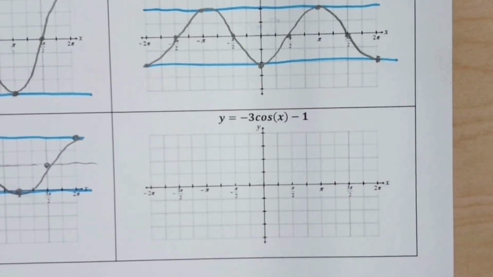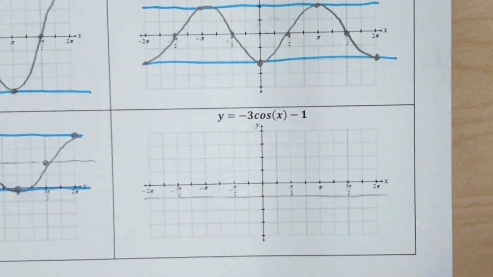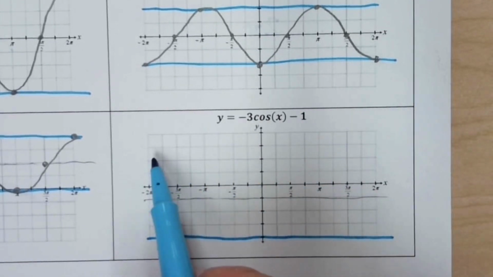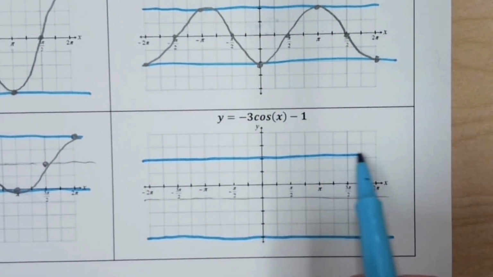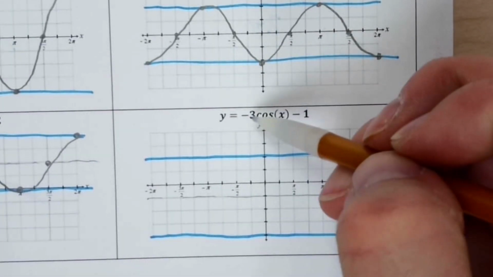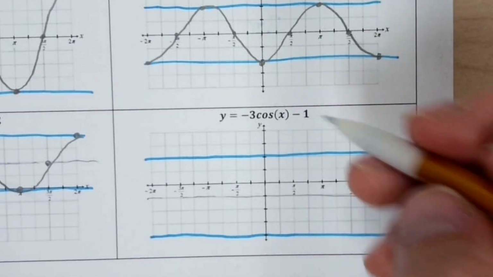Last but not least, midline shift of -1, so here it is. And I want my heights to be 3. Make sure gray is in the middle. Now -3 means I wouldn't start on the blue line up here, I'd actually start down here.